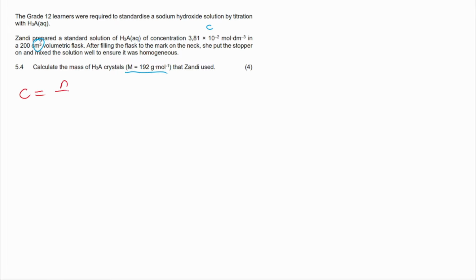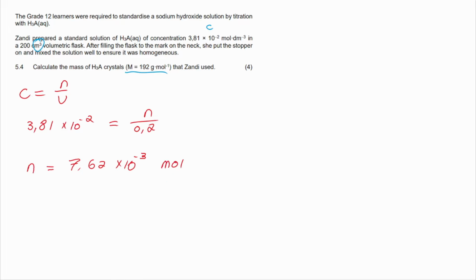C equals n over V. My concentration is 3,81 times 10 to the negative 2. That's equal to my number of moles over my volume, very important, divide by 1,000. When I solve for this, my number of moles is 0.2 times 3.81 times 10 to the negative 2, so I get 7,62 times 10 to the -3 mole.